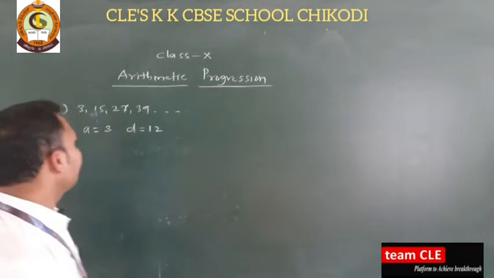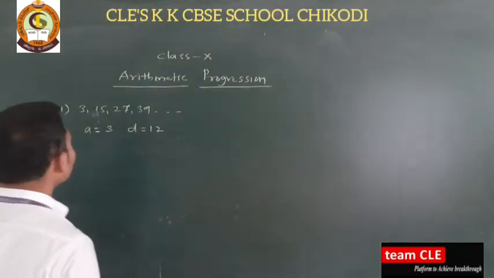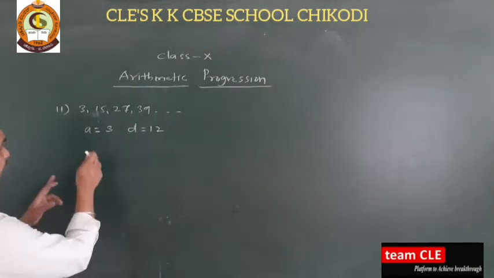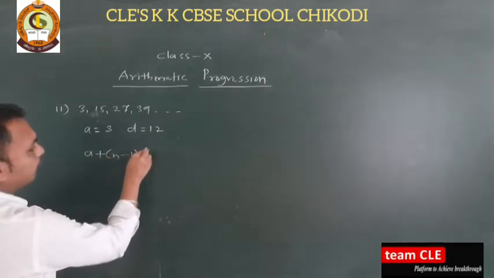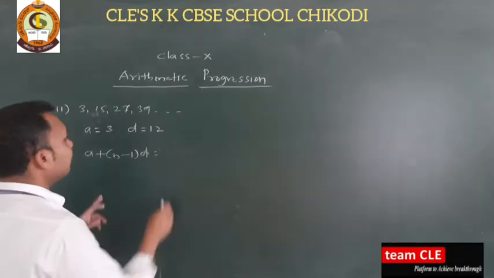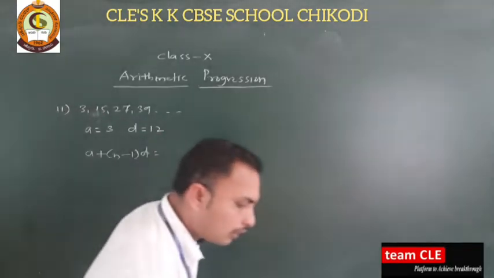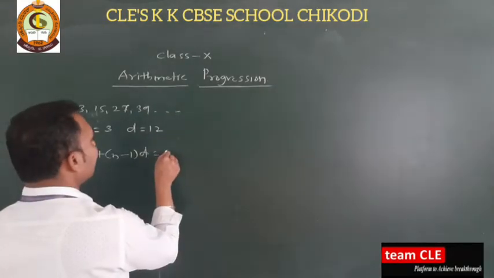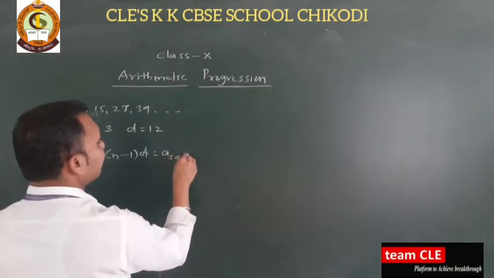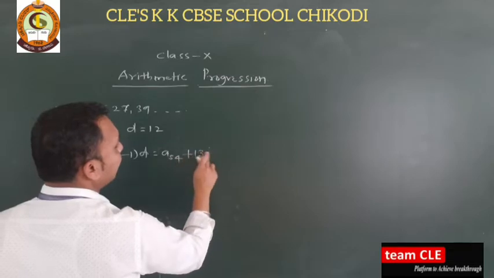You know it very well how to write this one. Now on this side I will write A plus (n minus 1) into d, and this side 132 more than its 54th term. How can we write the 54th term? A54 plus 132.